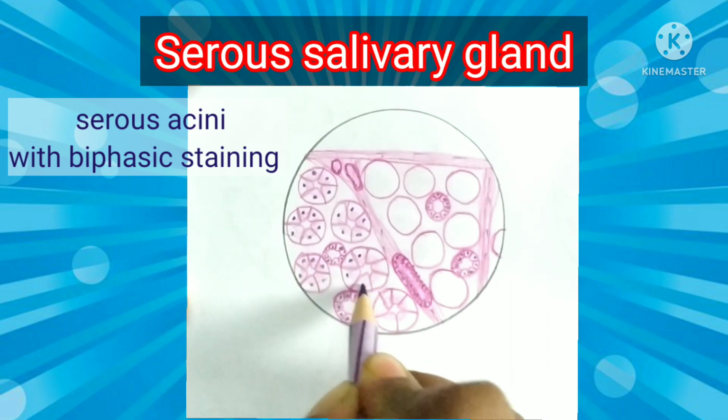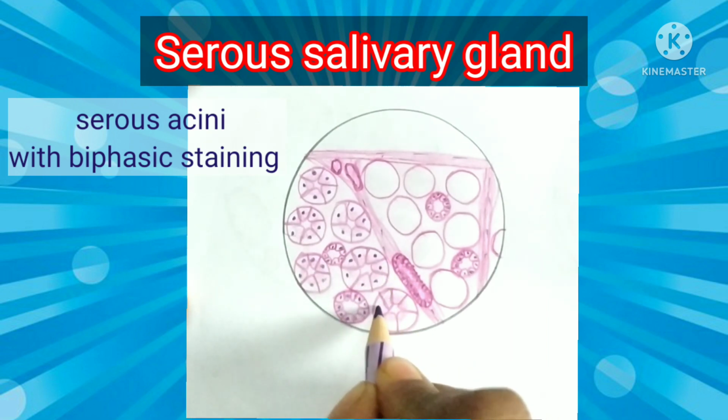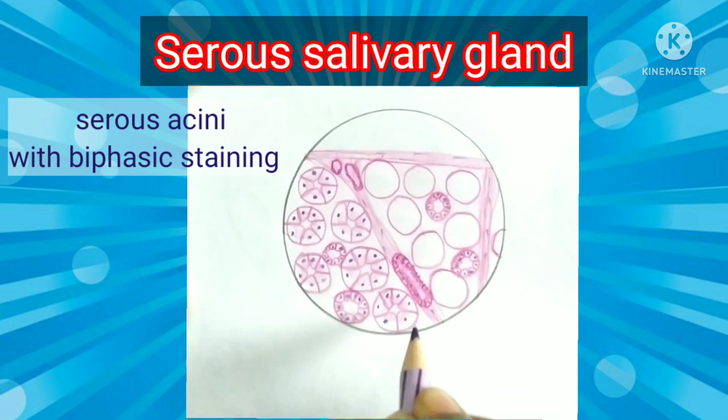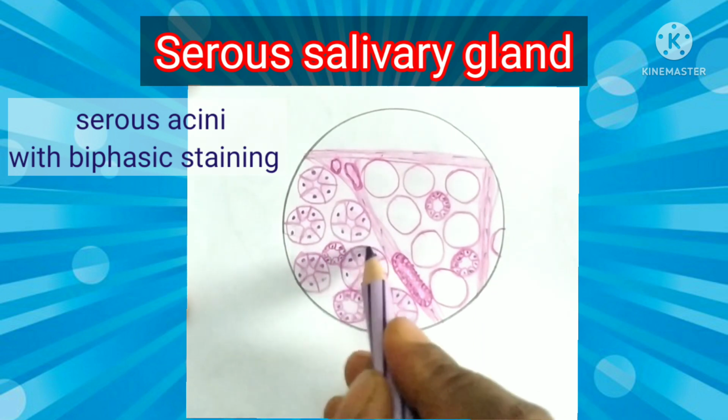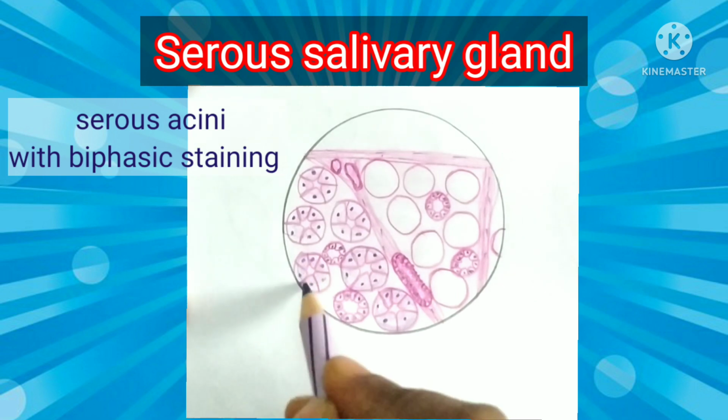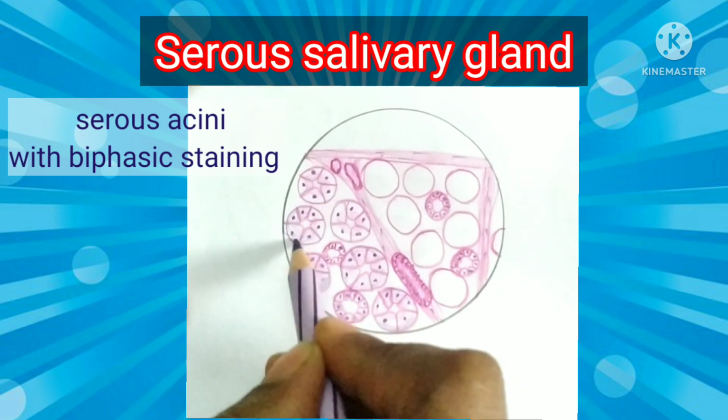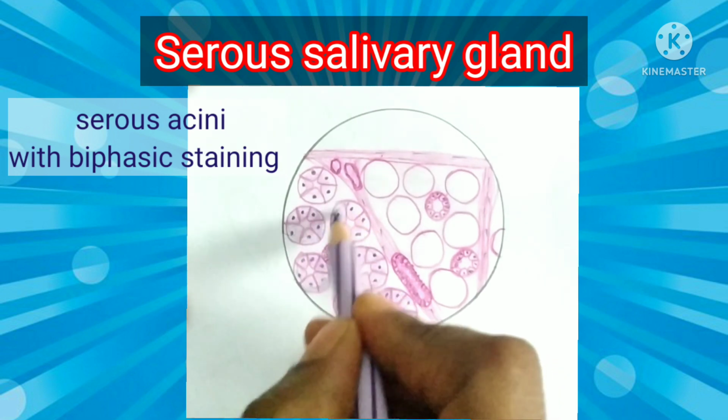The basal side is basophilic. This is mainly because the secretions secreted by these acini are protein rich. To synthesize more protein, you need more ribosomal RNA. So the number of ribosomes is higher, more towards the basal side. Ribosomes are basophilic. That's why the base of the cells looks basophilic.